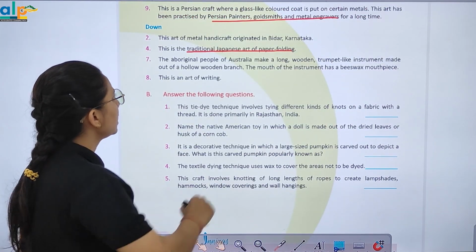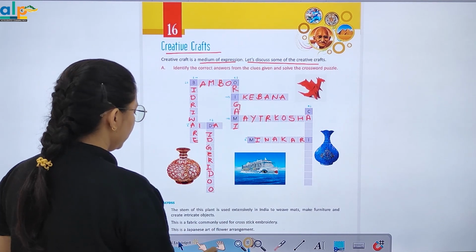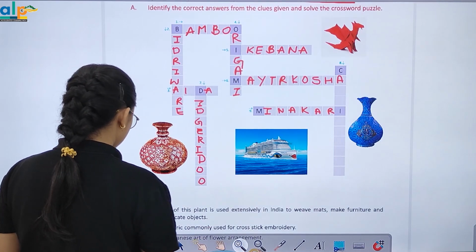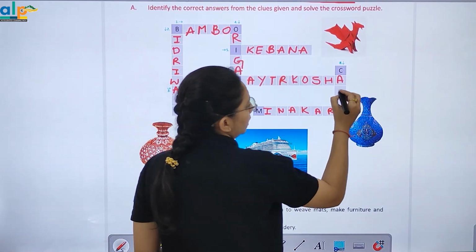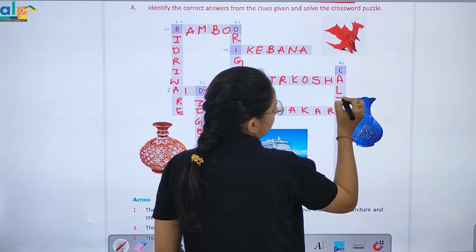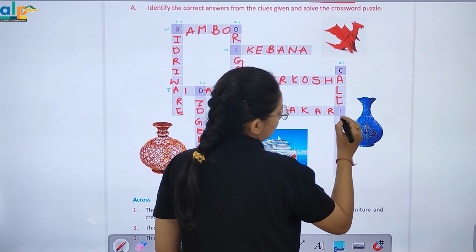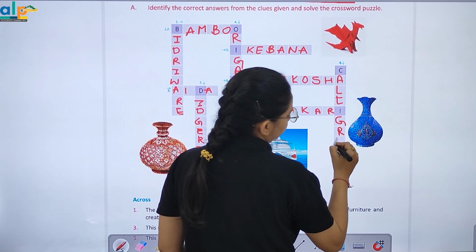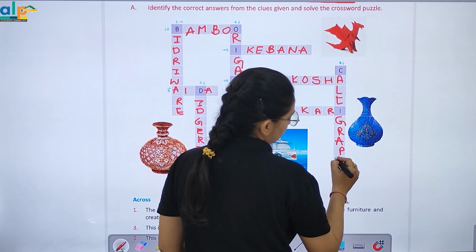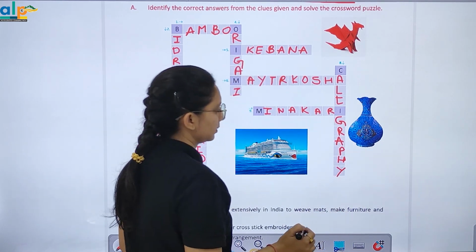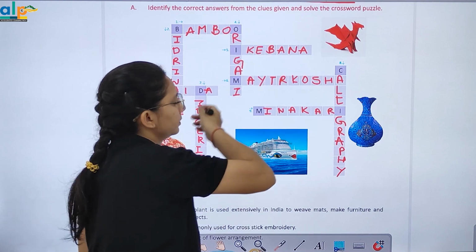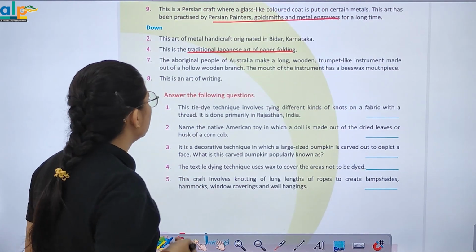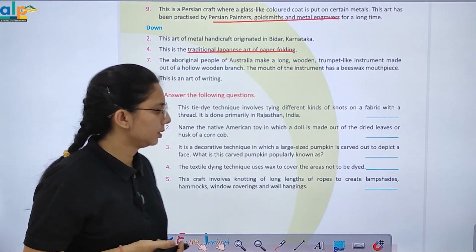Next is, this is an art of writing, that is calligraphy. What we call it? Calligraphy. Now answer the following questions.